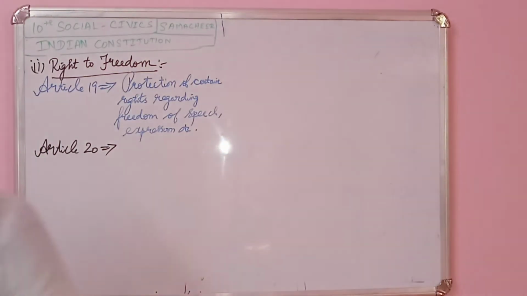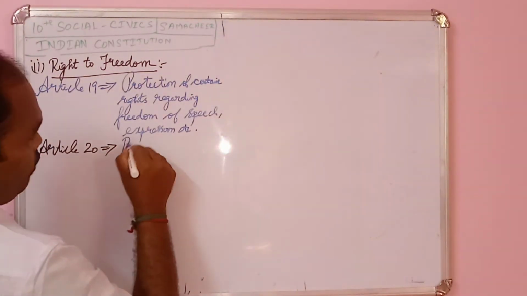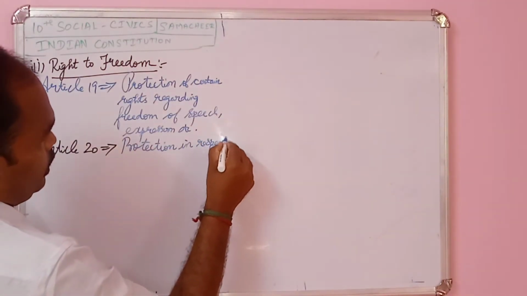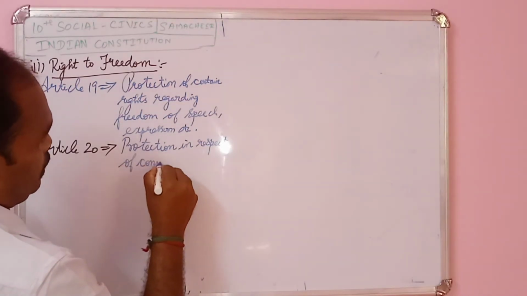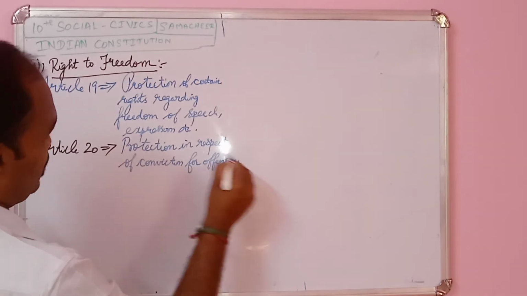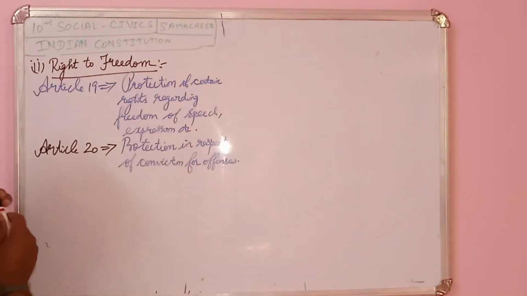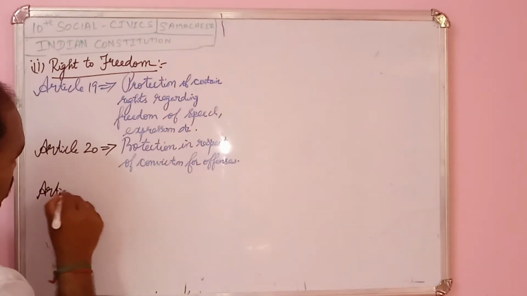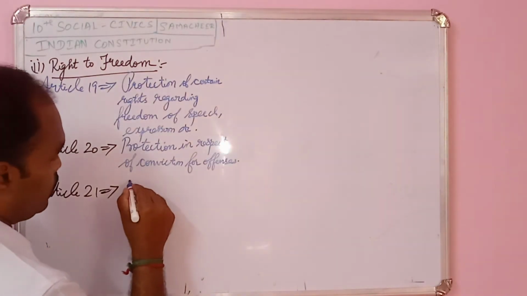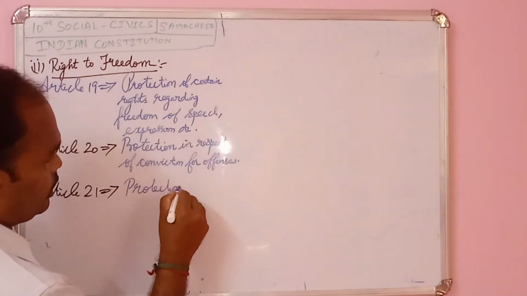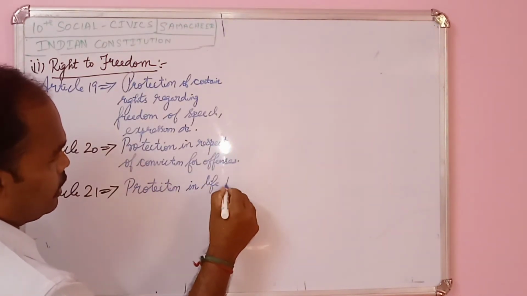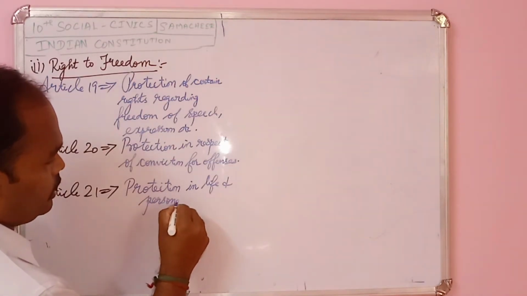Article 20 is protection in respect of conviction for offences. Article 21, protection of life and personal liberty.